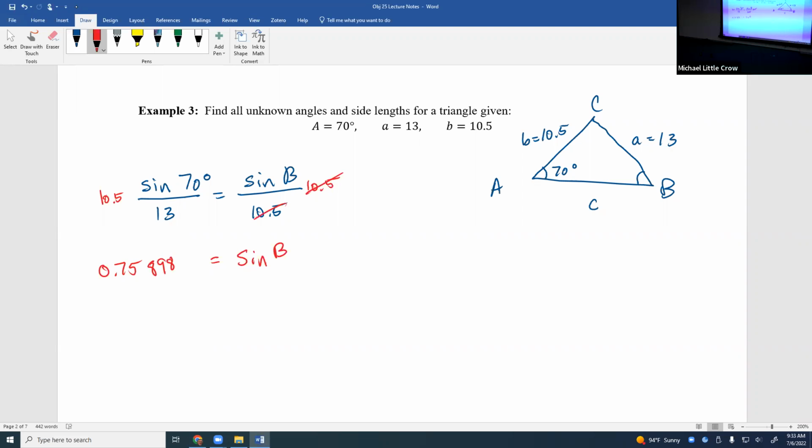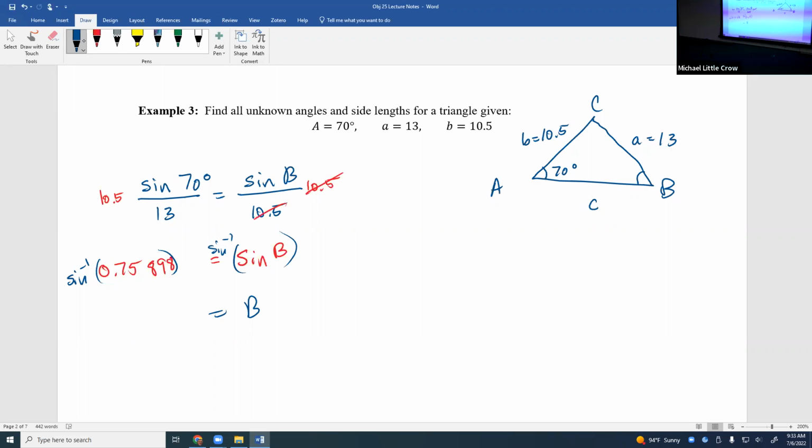And then again, to solve for the angle, we just take the inverse sine. Inverse sine with sine cancels out. But let's just go ahead and do this.